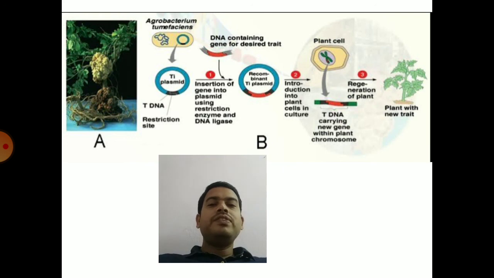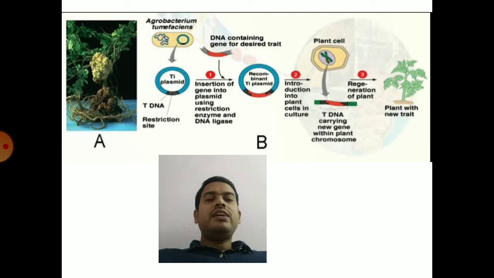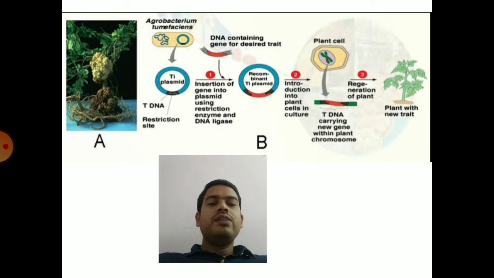Now these Agrobacterium tumefaciens will infect the plant cell, especially dicot cells, and transfer this Ti plasmid, and with its left and right border sequences and with the help of virulence genes will introduce your foreign DNA that is present in between left and right border into the plant genome, and it is stably incorporated. So since you are using Agrobacterium tumefaciens, a biological agent, for transferring your Ti plasmid containing foreign DNA, it is called the biological method of gene transfer.